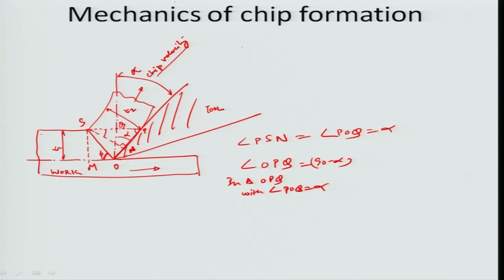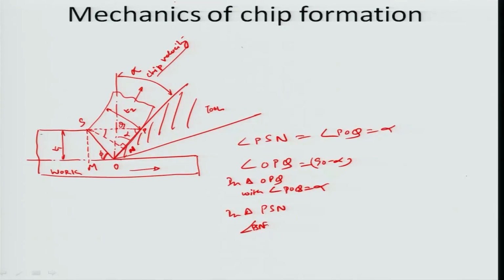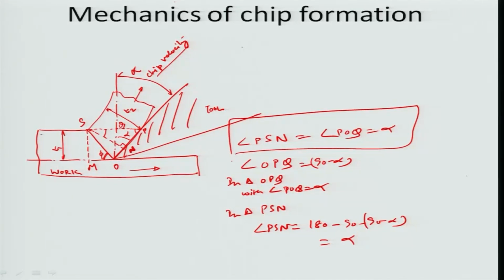With the same angle 90 minus alpha, if I look into triangle PSN, which is also a right triangle, the angle PSN should be equal to 180 minus 90 minus alpha, which is actually equal to alpha.